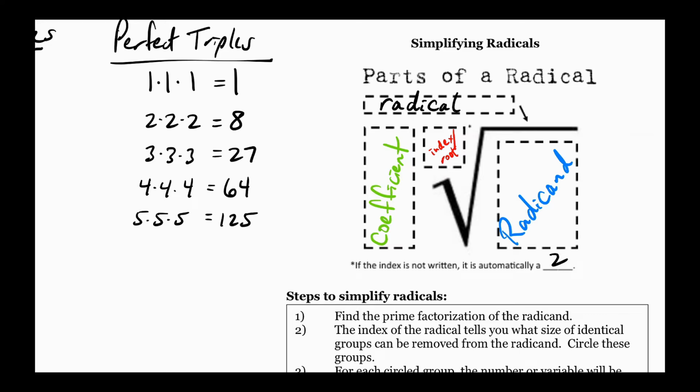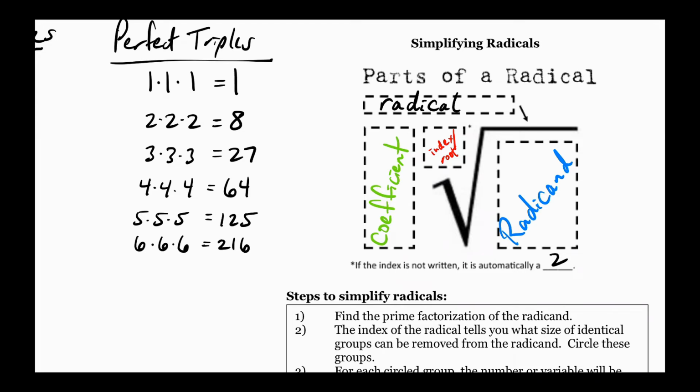And then I think we'll go one more. This one is 216. Those numbers are perfect triples because they have triples that make them up, 3 of a kind. So today we're going to be doing a lot of looking for pairs and looking for 3 of a kind.